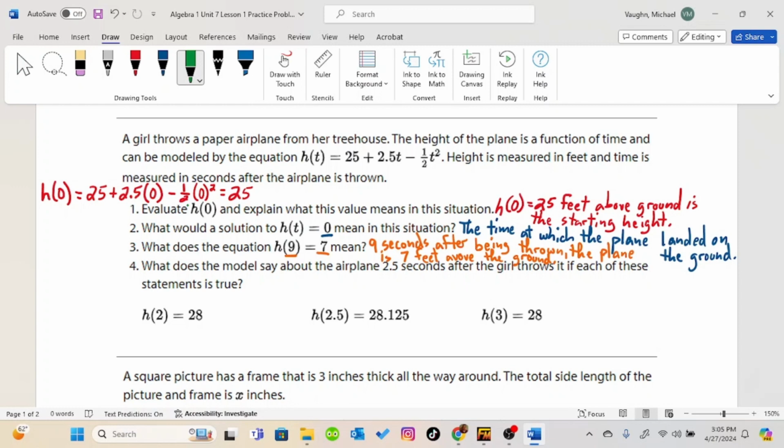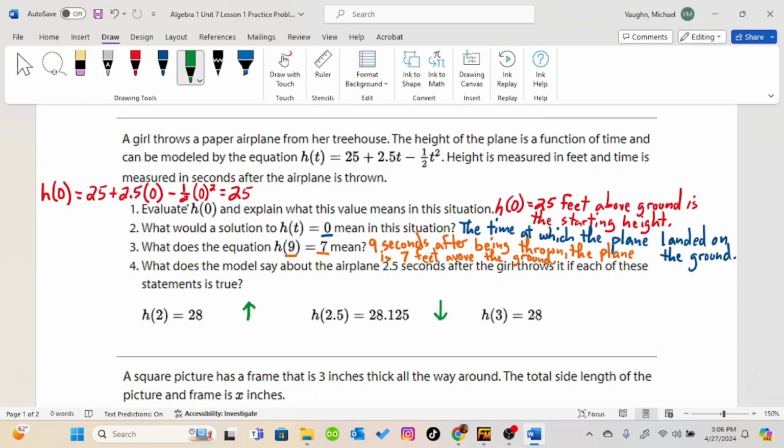The height at 2.5 seconds is 28.125 feet above the ground. And the height at 3 seconds is 28 feet above the ground. So we see that between 2 and 2.5 seconds, the plane is still getting higher, but then from 2.5 to 3 seconds, the height is going back down.